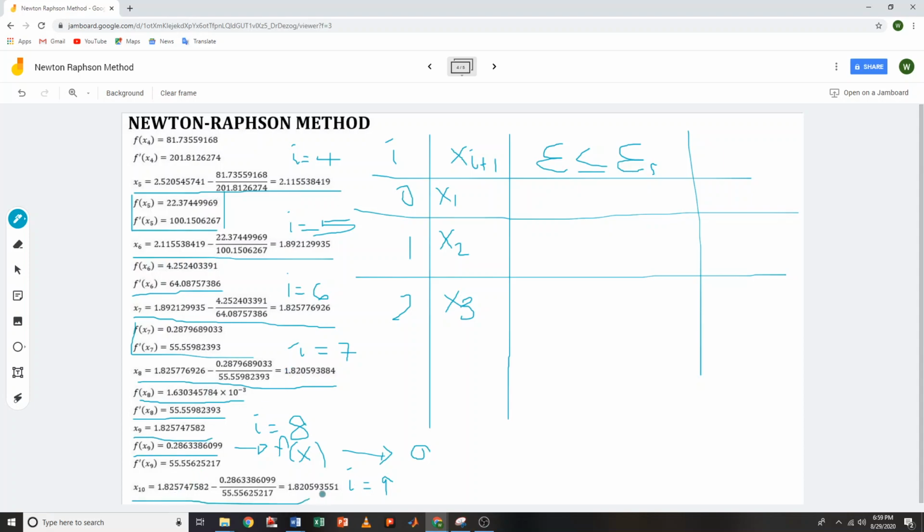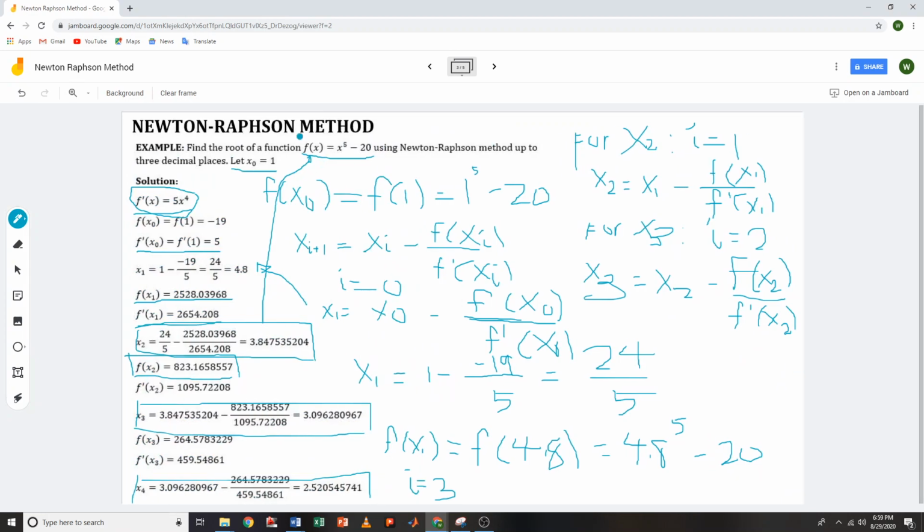Therefore, if we evaluate f of x10, that will be approaching 0. Okay, so take note, this function, f of x equal to x^5 minus 20, is of degree 5. So meaning we have 5 roots to determine.